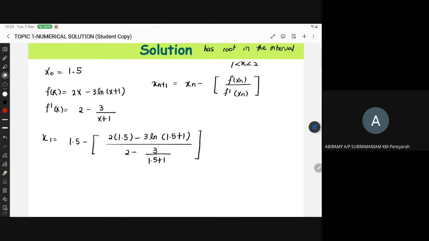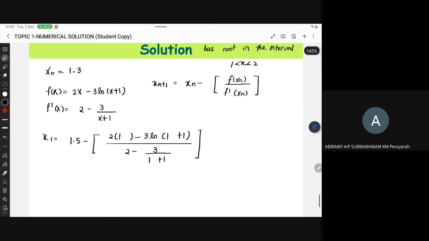Very sorry, I would like to change the first approximation to 1.3. So I've used 1.3 for my first approximation. You can use 1.5, it doesn't matter, but I would like to use 1.3 as long as the value is in between 1 and 2.